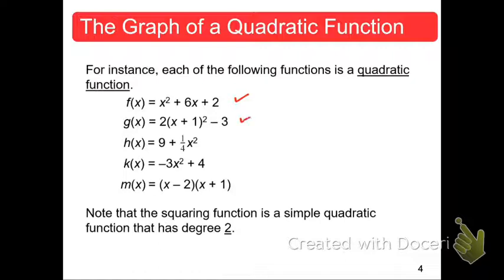If I were to expand this, it still has a highest degree of 2. This is another quadratic, and this one also has not been expanded. Once I multiply through, of course we know it will have a degree of 2.